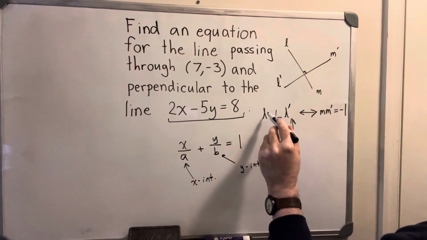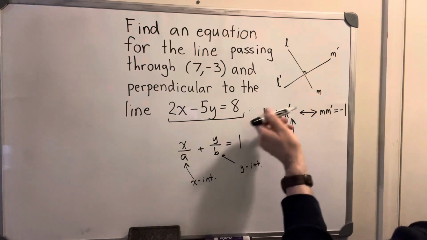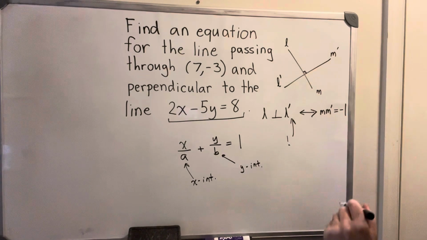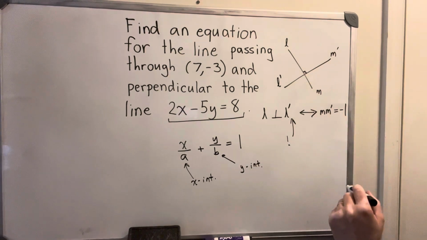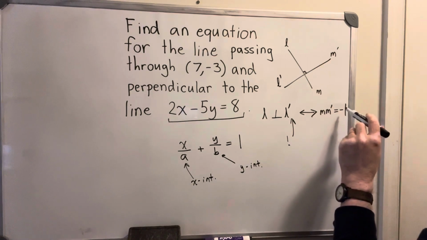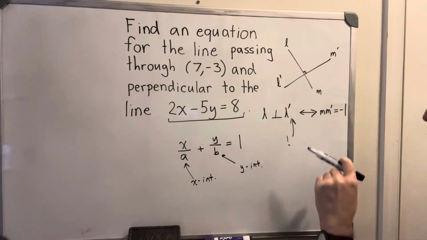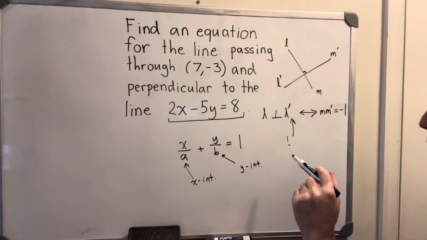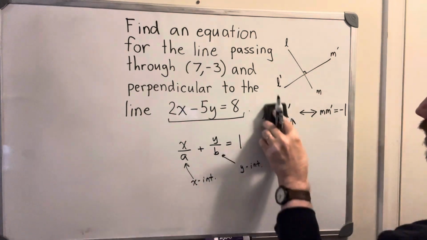If lines L and L prime are perpendicular, then the product of their respective slopes is -1. Also, if you know that the product of the slopes is -1, then you know that the lines are perpendicular. I encourage you to look up a proof of that theorem, but we'll take it and use it.